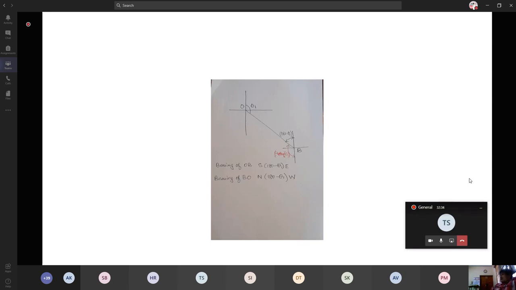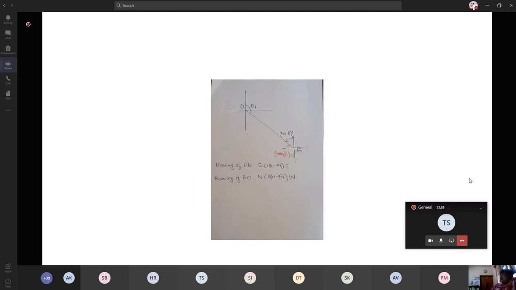Suppose I say that the bearing of a line AB is 320 degree.